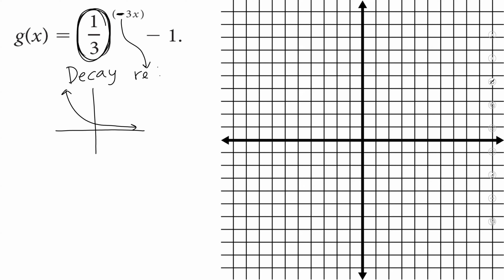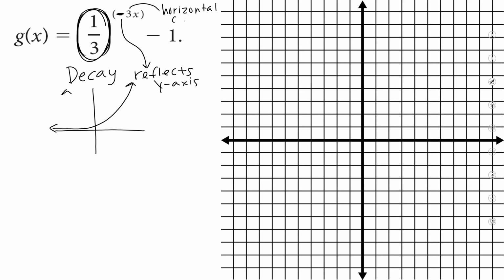It reflects over what? Over the y-axis. So now it looks like this. It reflects across the y-axis. Okay? What does that 3 do? It's not very important when I'm trying to figure out what it looks like, but what does that 3 do? It's a horizontal compress.